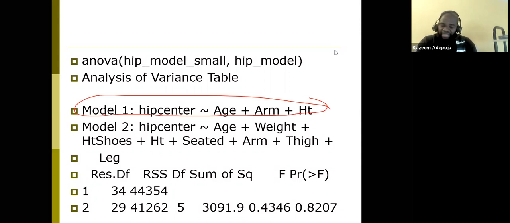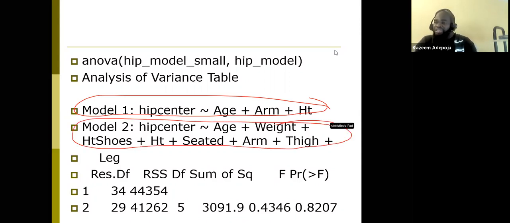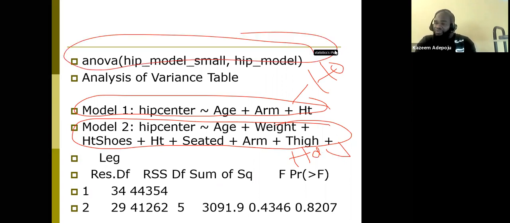Model 2 is the complicated model where we have not controlled for multicollinearity. When we carry out the test, the first model is under the null hypothesis, and the second model is under the alternative. Don't forget that I said you're going to do ANOVA for each of the models, the smaller, simpler model and the complicated model.